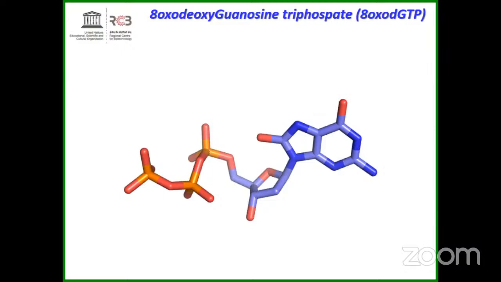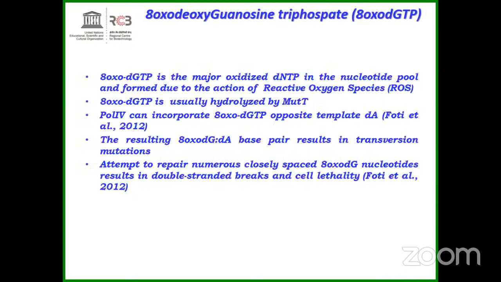Again, you have this 8-oxo-dGTP, and what was seen was that DNA polymerase 4 can incorporate 8-oxo-dGTP into the genome, and that is lethal for the cell, because once it starts incorporating 8-oxo-dGTP opposite dA, repair pathways are activated, and when these repair pathways are activated, they lead to the presence of double strand breaks in the genome, which is generally very lethal for the cell, and if there are more double strand breaks than the cell can repair, that will lead to death of the cell.